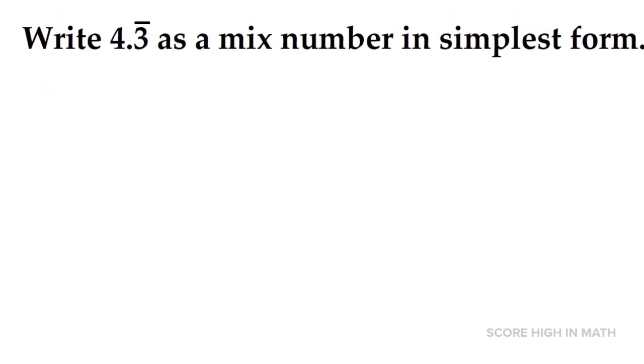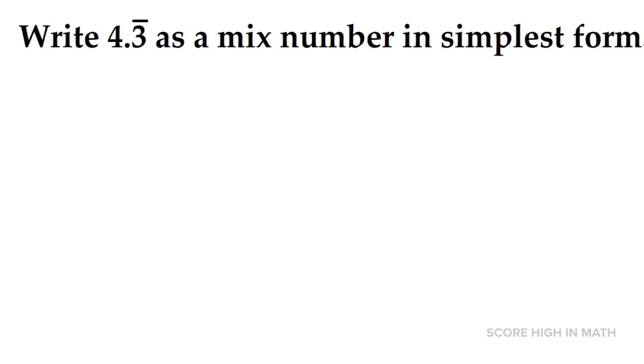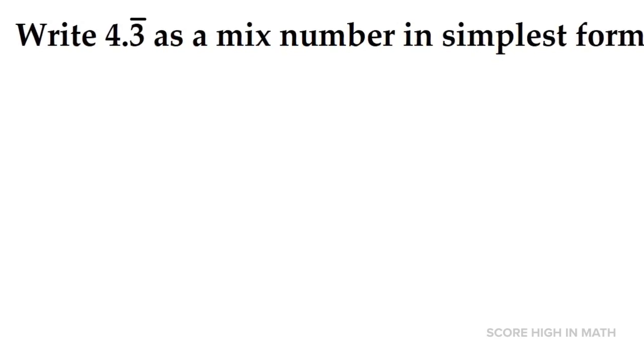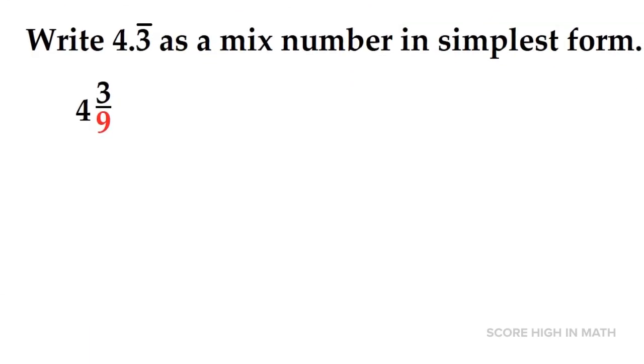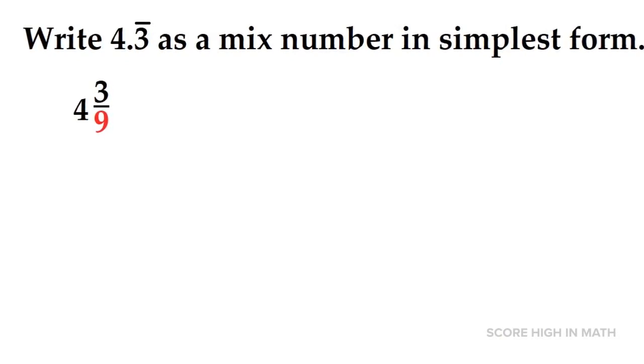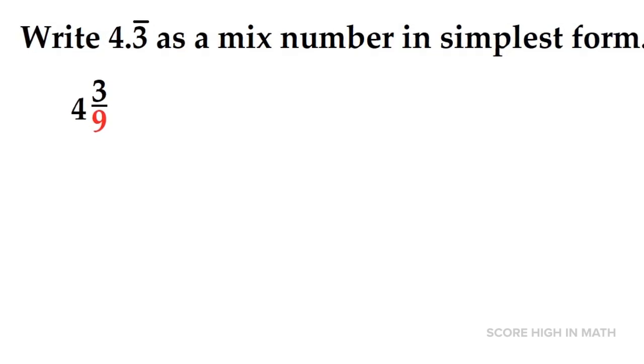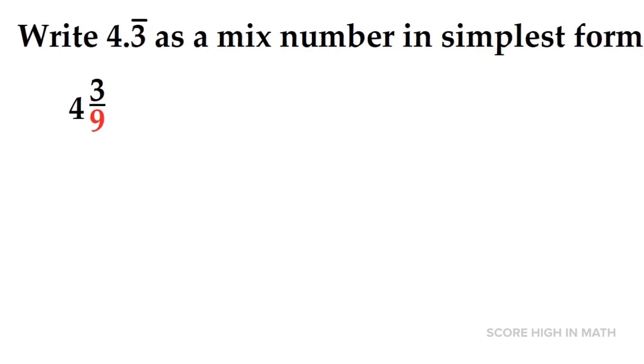What about this one? Write 4.3 with a bar as a mixed number in simplest form. As I told you, if the decimal number with the bar is on the tenths place, divide it by 9. So, the mixed number is 4 and 3 over 9.